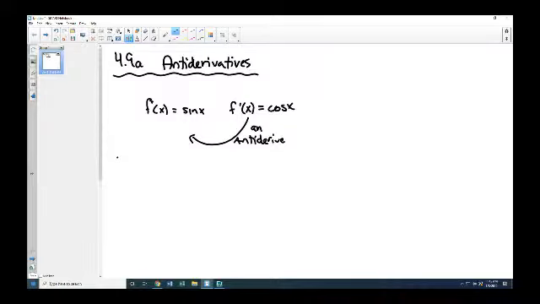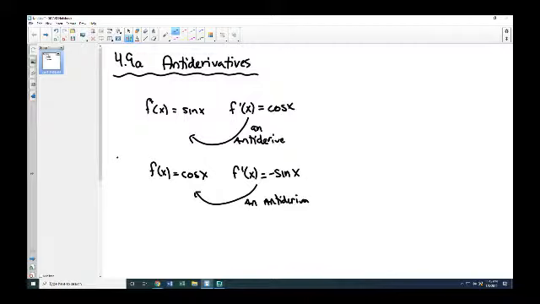So you've got a whole host of these at your disposal. f of x is cosine x. The derivative of that is negative sine x. So if you have negative sine x, the antiderivative of negative sine would be cosine. Okay.